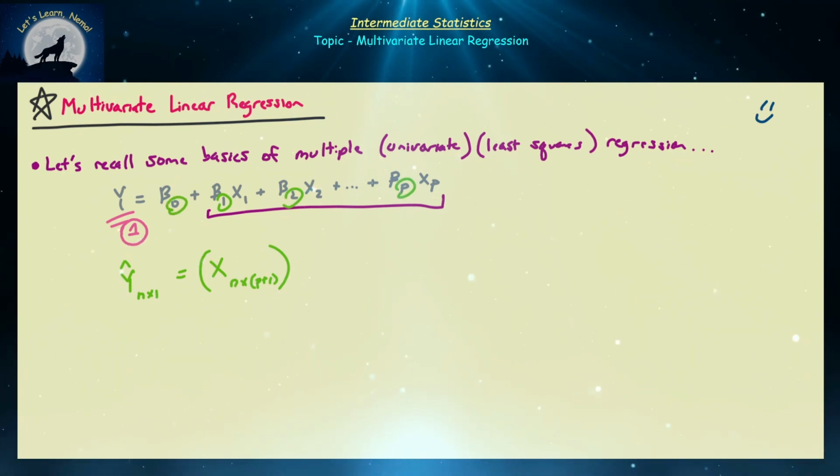The first column is usually always equal to 1 because we have 1 for that x0 variable, I guess you could say.